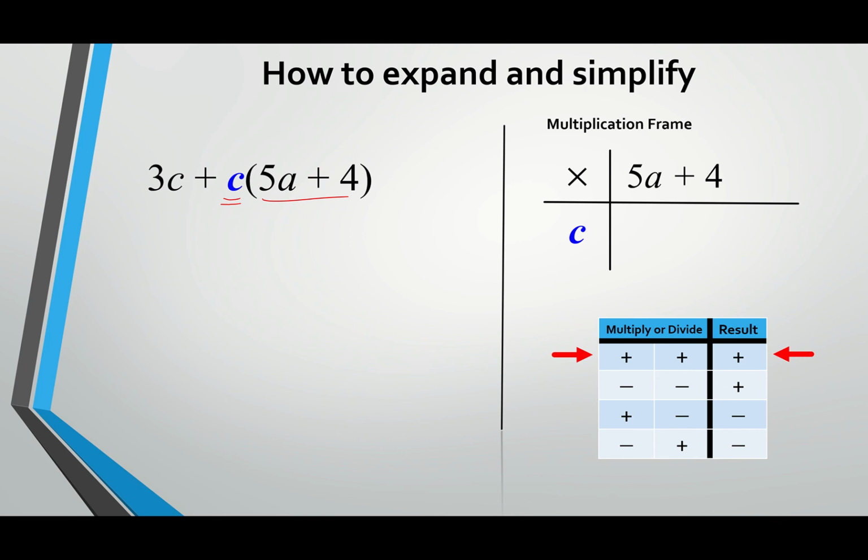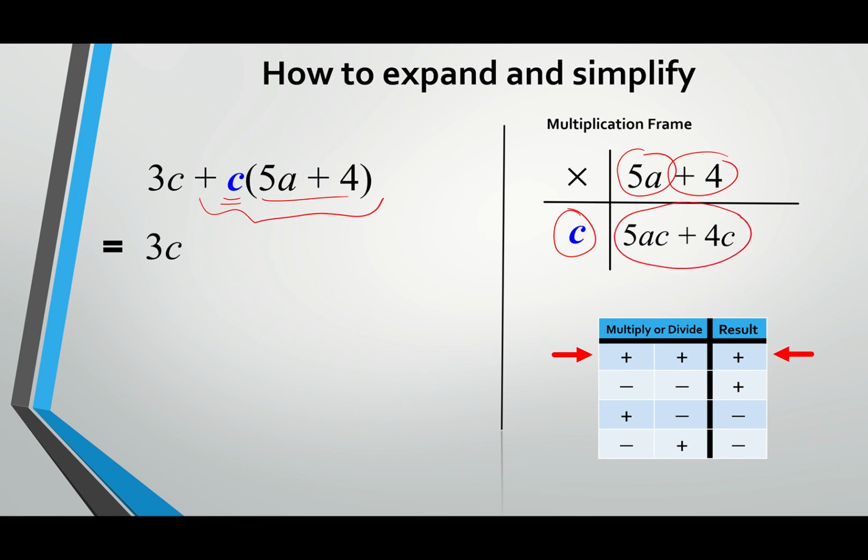So what do we get when we multiply c with 5a? We get 5ac. And what do we get when we multiply c with plus 4? We get plus 4c. So we're going to transfer to the expression over here. The 3c will remain, and this one we will write down what we have gotten.